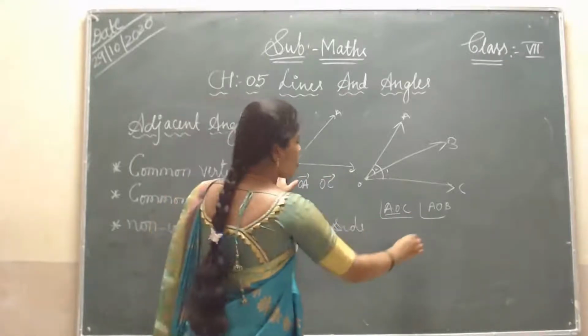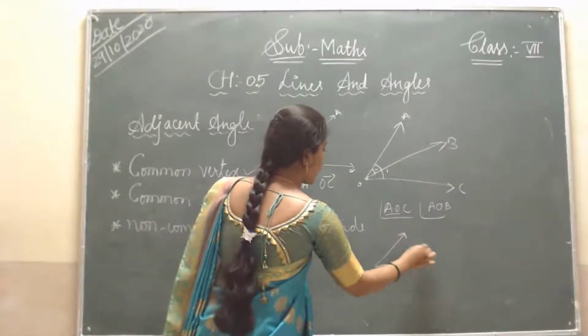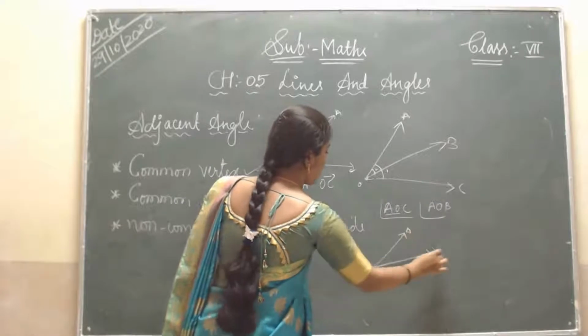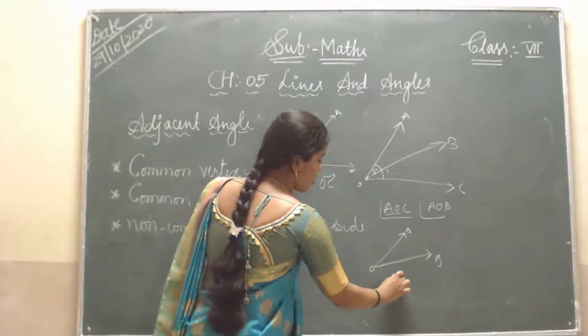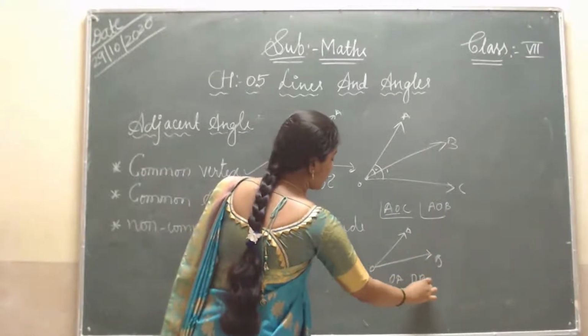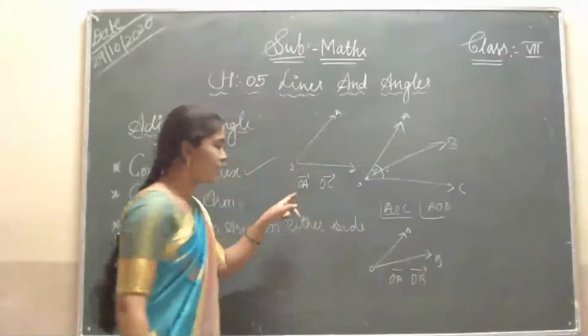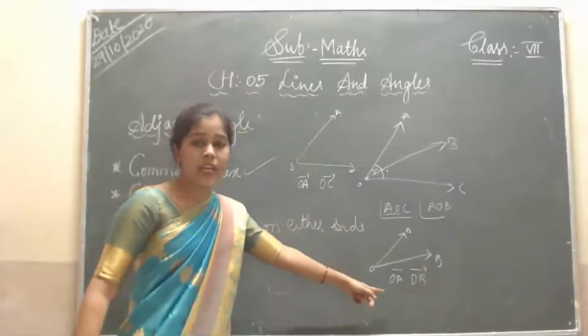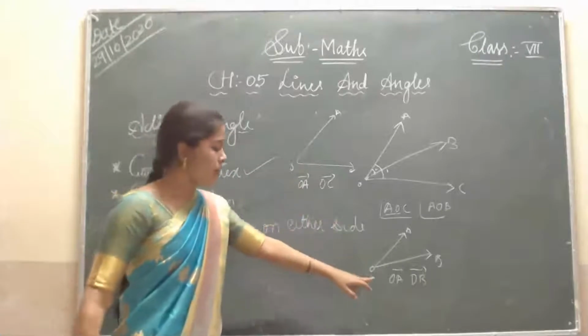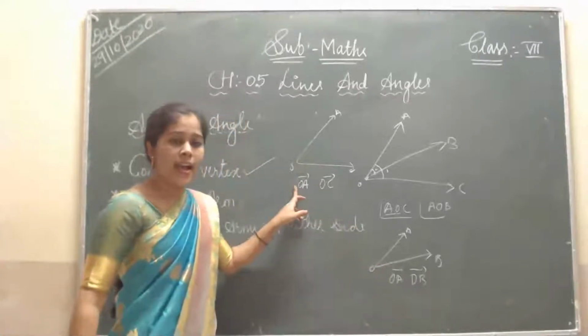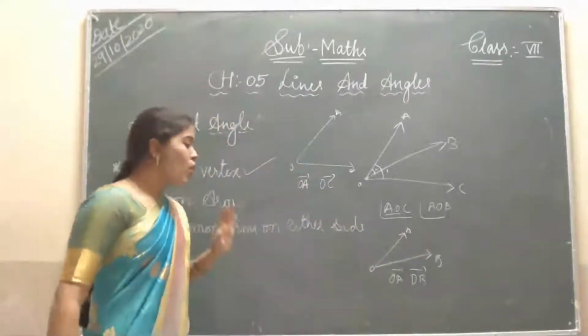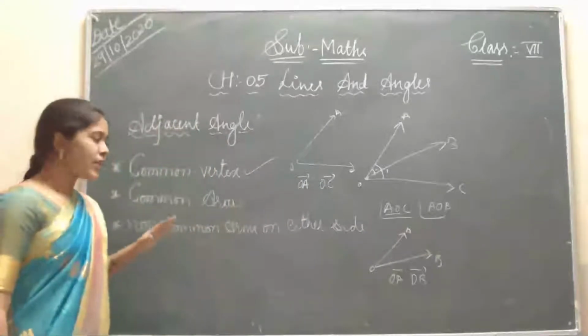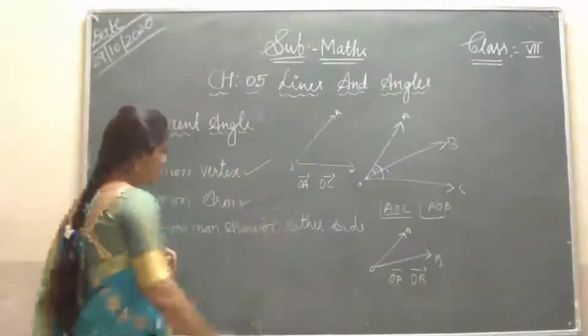And for angle AOB, there are two rays, OA and OB. Which ray is common here? OA is common, here also OA and here also OA. So OA is the common ray. So yes, this rule is satisfied.